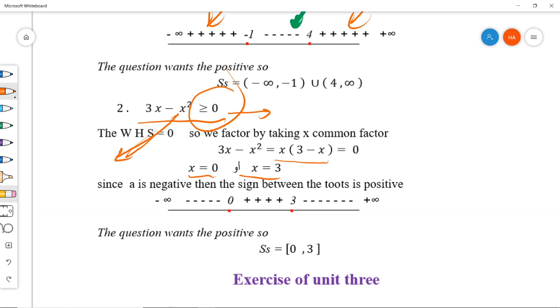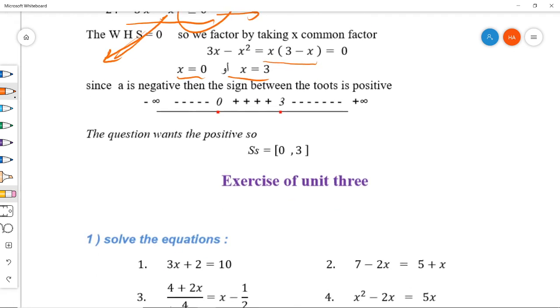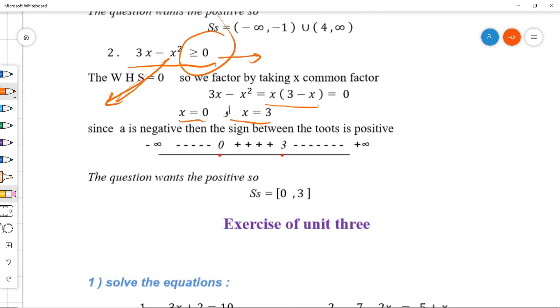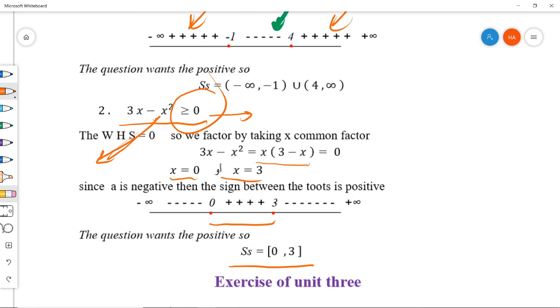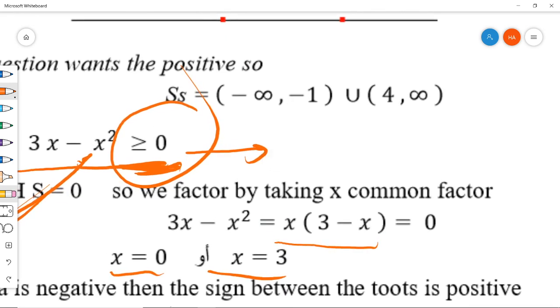This means that he needs the positive interval here from 0 to 3. Then solution set from 0 to 3, all the numbers between 0 and 3. Why this is closed? Because he needs greater than or equal.